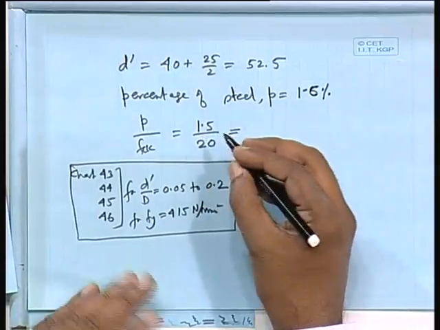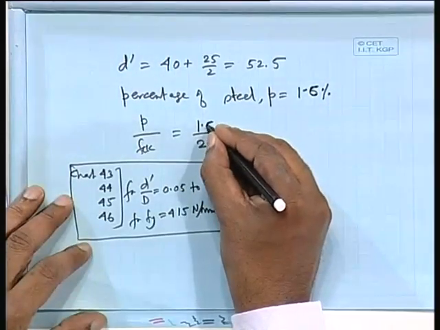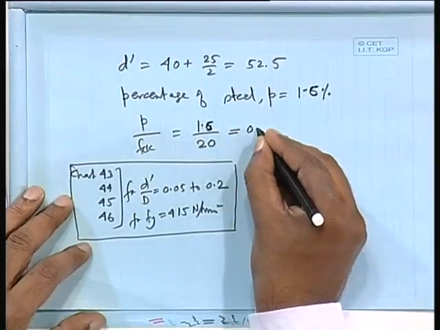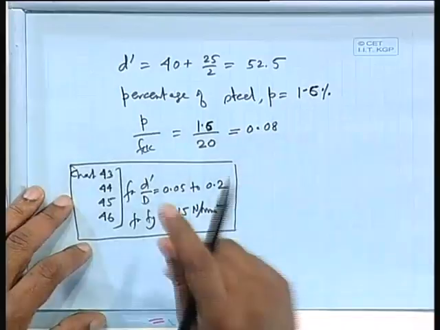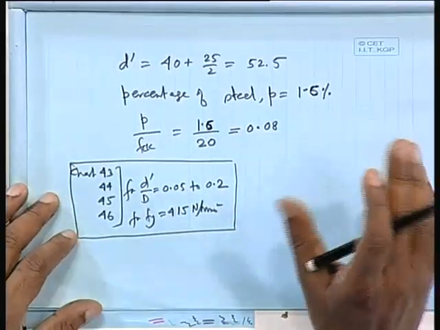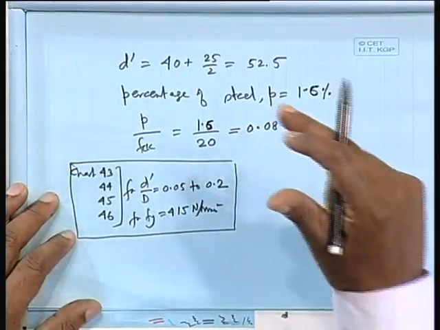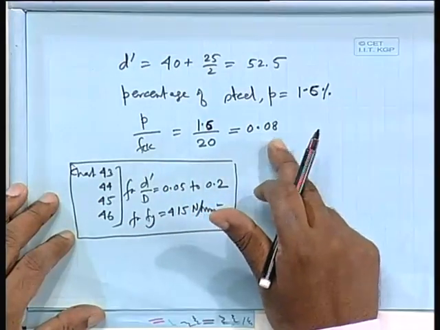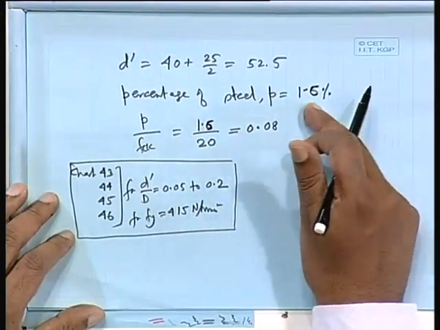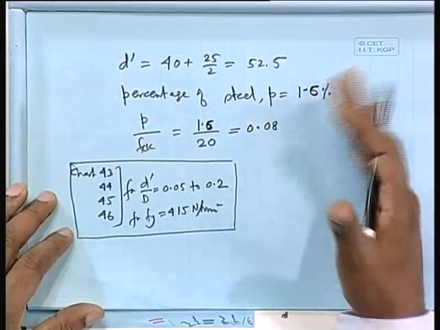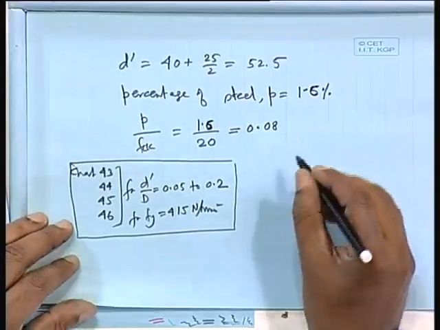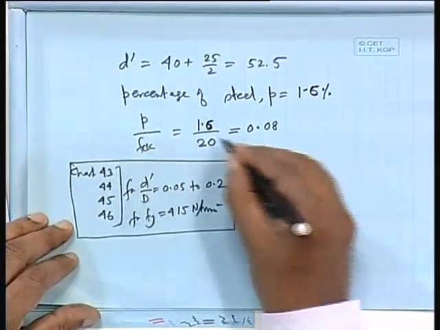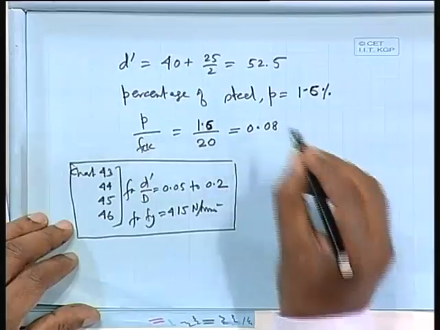It will be a little bit easier. I can take 0.08, so I need not do all those estimations again, because I shall directly get one curve, p by fck 0.08, that I can choose. I can take 1.4 also. So, this is the tricky thing I am doing here: p by fck equal to 0.08.